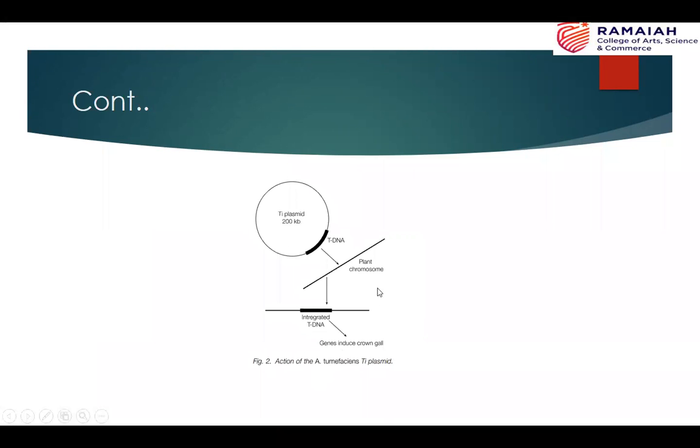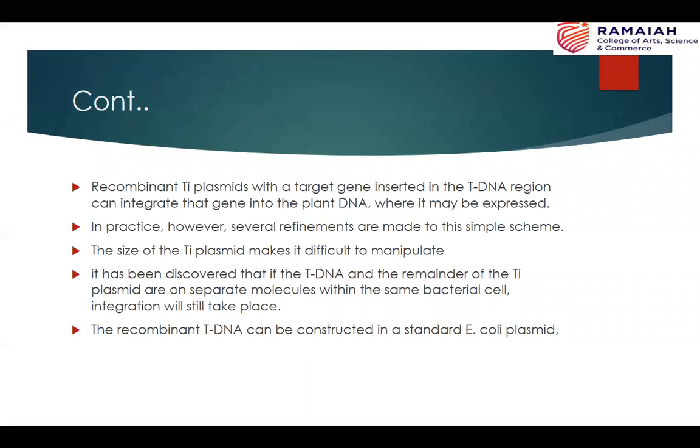So this diagram shows the action of the Agrobacterium tumefaciens Ti plasmid. As I told you, a portion of this Ti plasmid, T-DNA, gets integrated with the plant chromosome. When it gets integrated, the genes present in this integrated T-DNA induce crown gall disease. So the property of this Ti plasmid can be made use of for recombinant DNA technology.